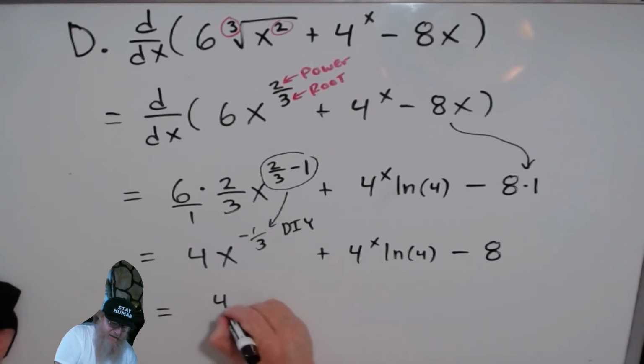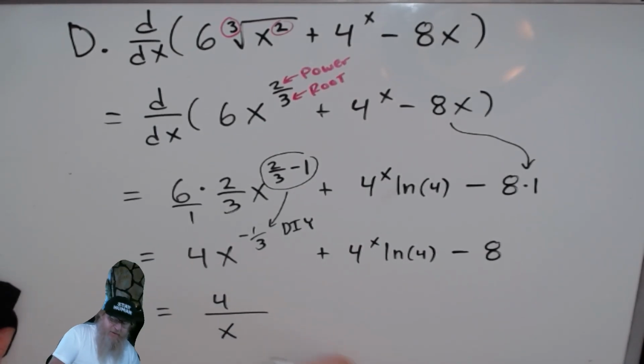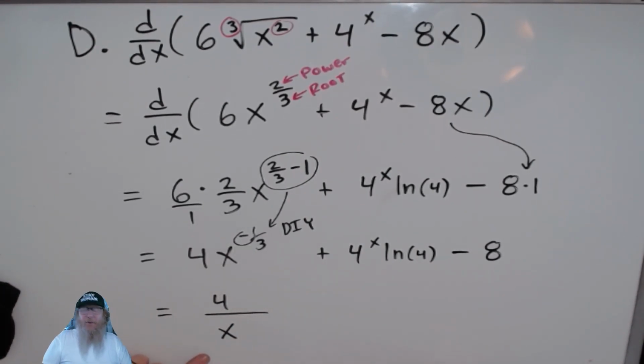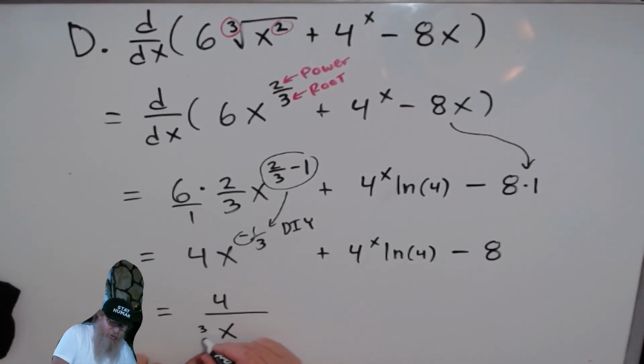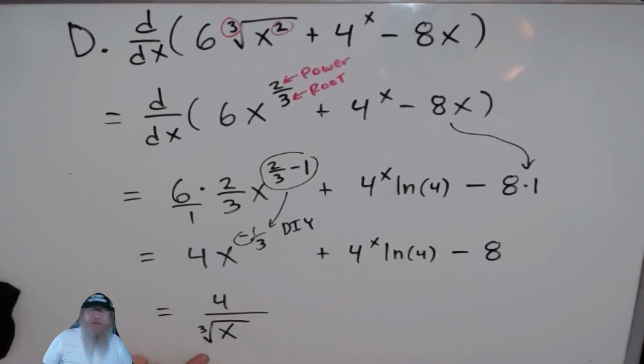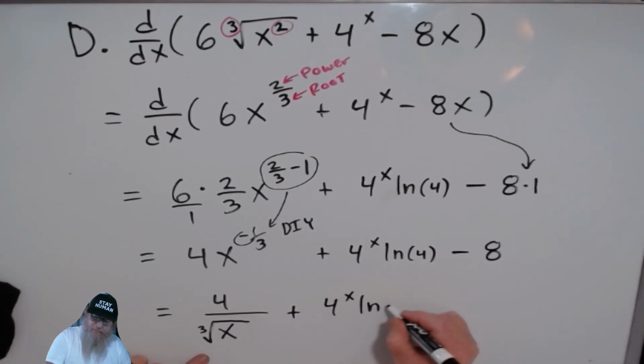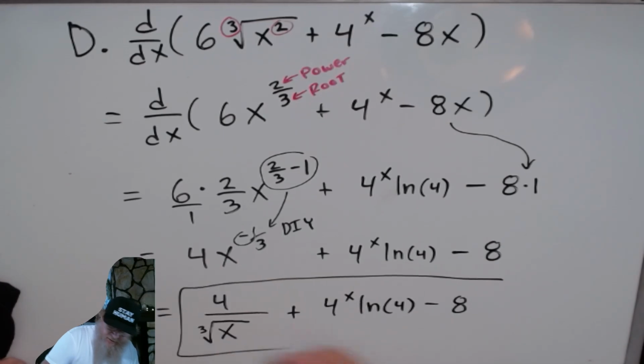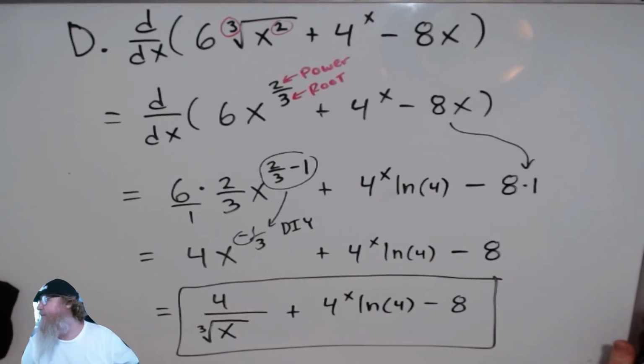You want to send the x back down to the bottom because it's negative power, negative 1/3, and then put the root back on it. So it's cube root. And that, my friends, is as good as it gets.